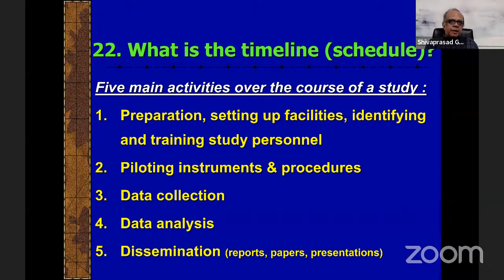So typically it takes about 6 months to do all this. And most funding agencies give up to 6 months to do all that work once your proposal is approved. So build this as part of your grant proposal.